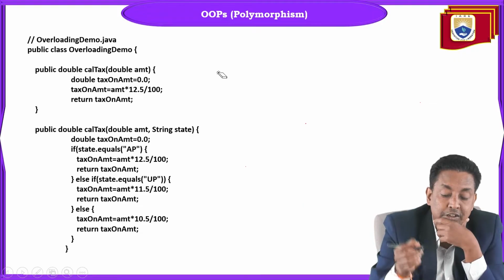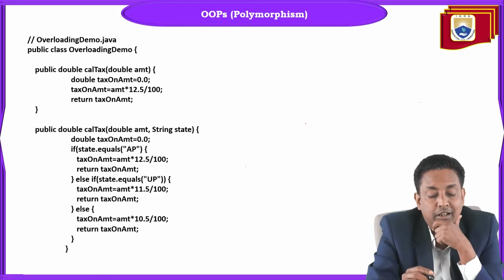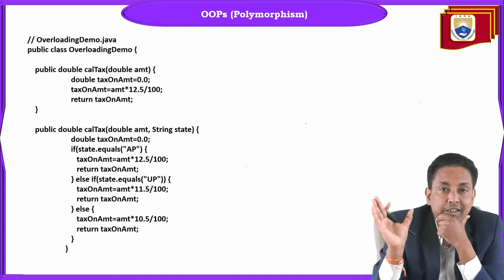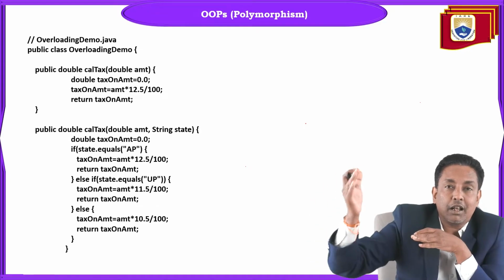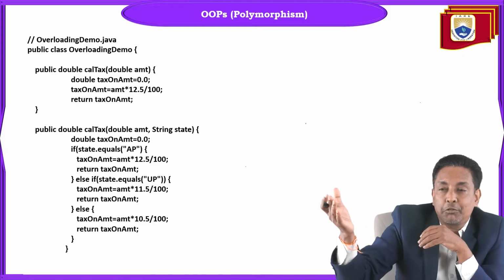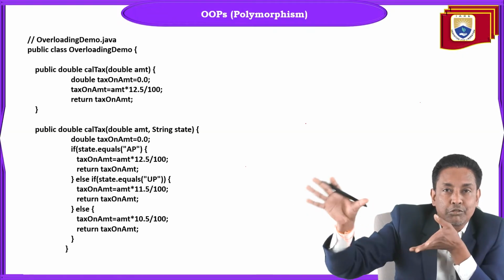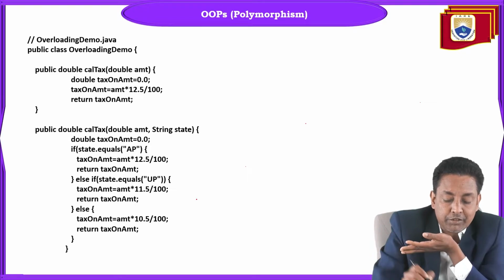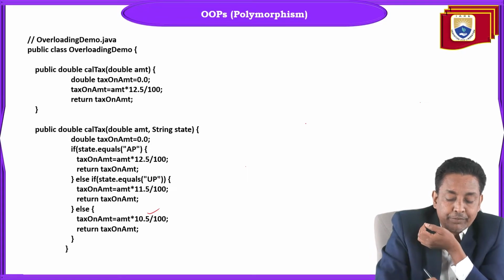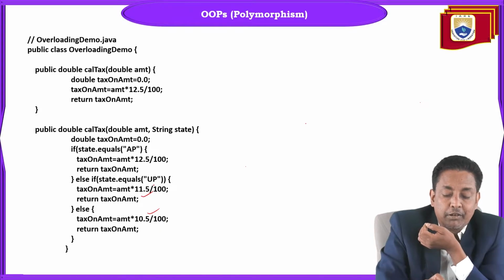Now for the same products, the government has decided that for some eastern states like Bihar, Orissa, Bengal, Tripura, Manipur, Assam, Mizoram, we want to give a lower tax of 10.5%. For UP, 11.5%.